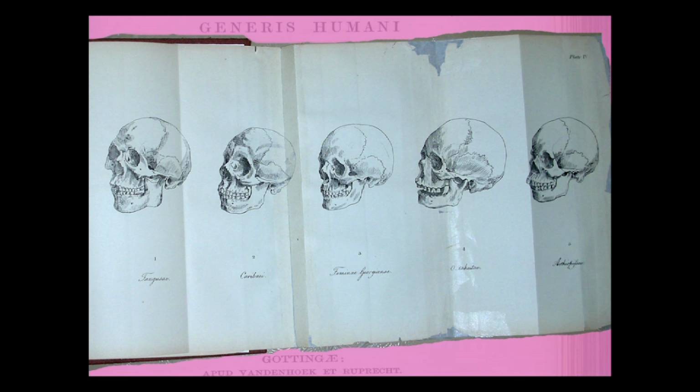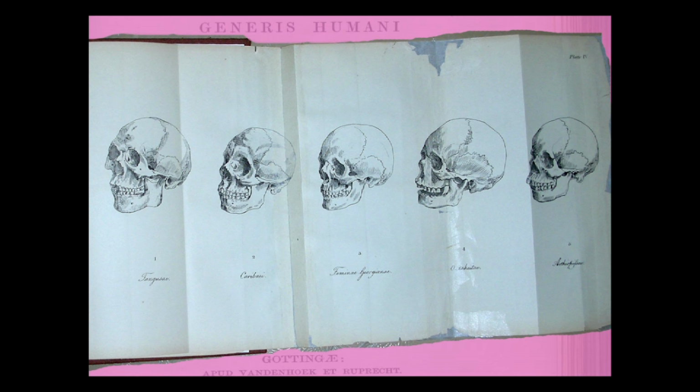In the middle is the beautiful one. It's the gorgeous median. And that's the Caucasian. And then the ones beside the Caucasian are the American and the Malay, because he thought those were the intermediate races.